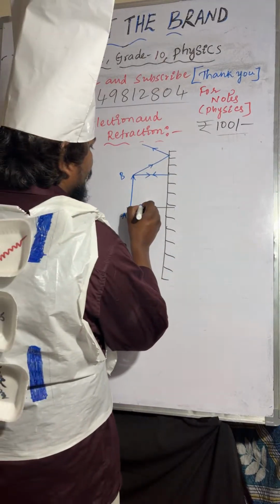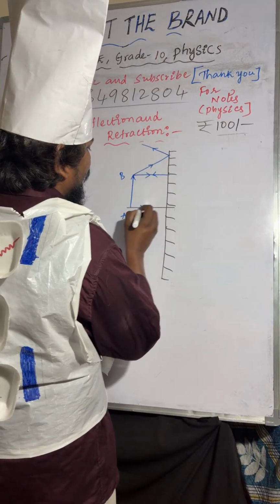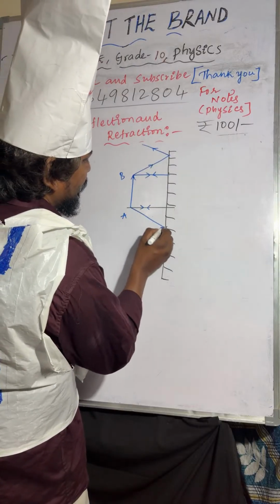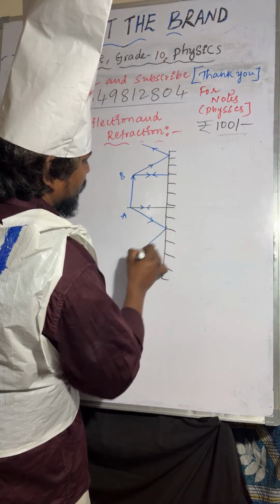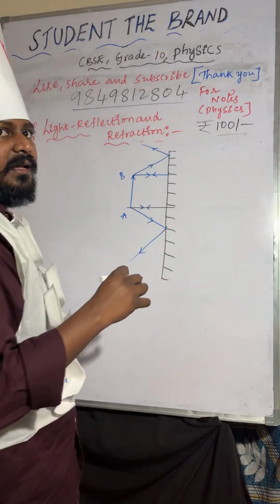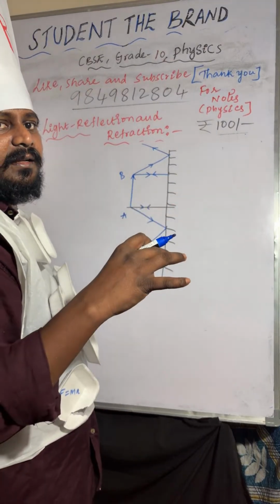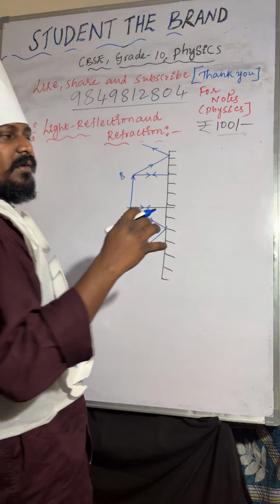Along the normal line it is moving, and this is the incident ray, this will be the reflected ray. So we are extending that.